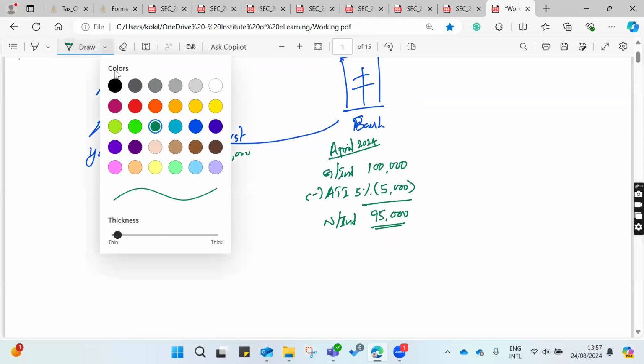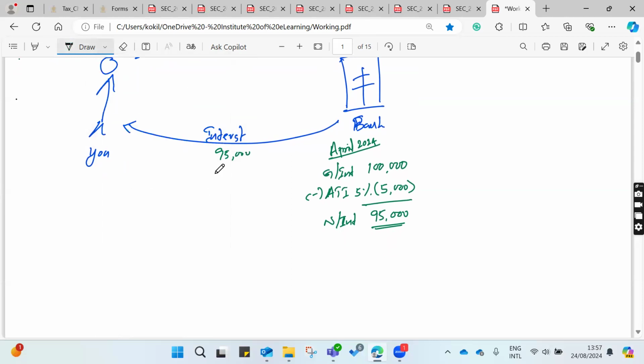No. You will get another important document called the Advance Income Tax Deduction Certificate, which will show how much your gross interest was, how much advance income tax was deducted, and how much net interest you are getting for this month.